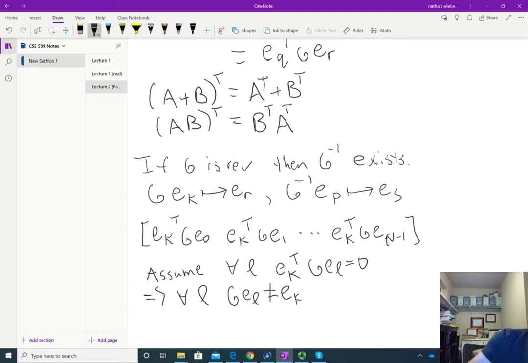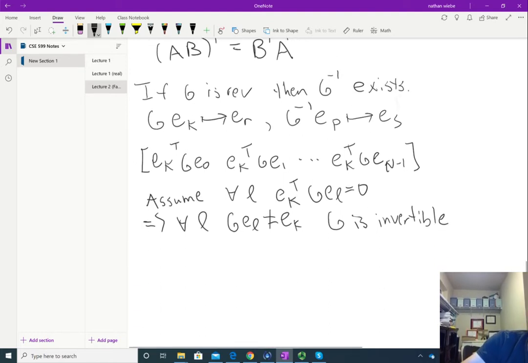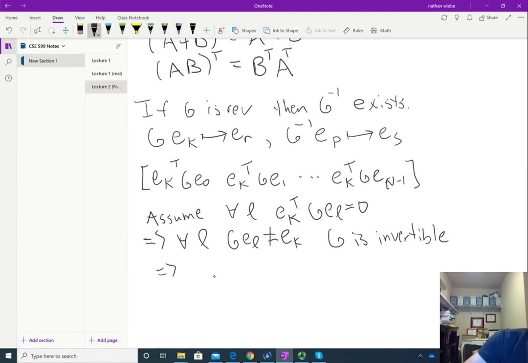All right, cool. But G over here is invertible, and that implies, under these circumstances, that it's a 1-to-1 map.